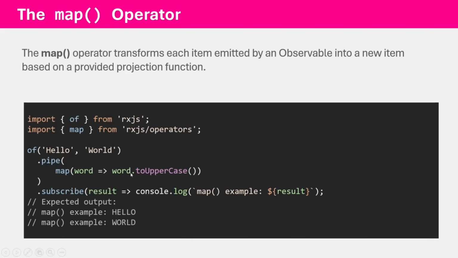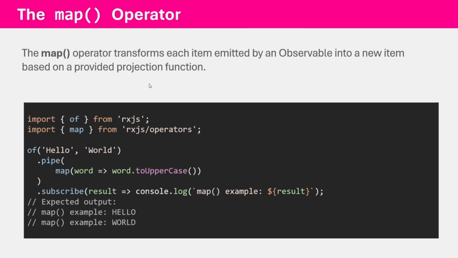So for each emitted value from the observable on which we are operating this map operator, this callback function will be executed. Okay, and this callback function, we are calling it the projection function. So the projection function which we pass to the map operator gets executed for each emitted value from the observable. Okay, so whenever you want to transform the data returned by an observable, we will use the map operator.